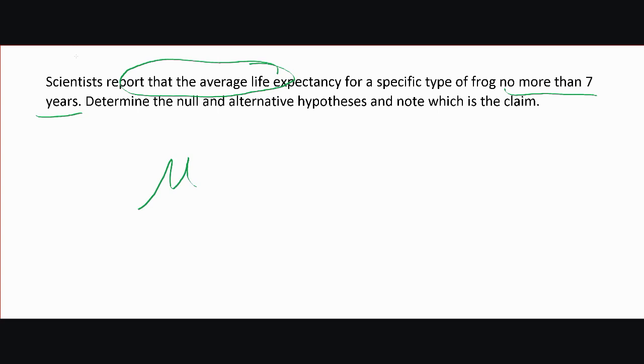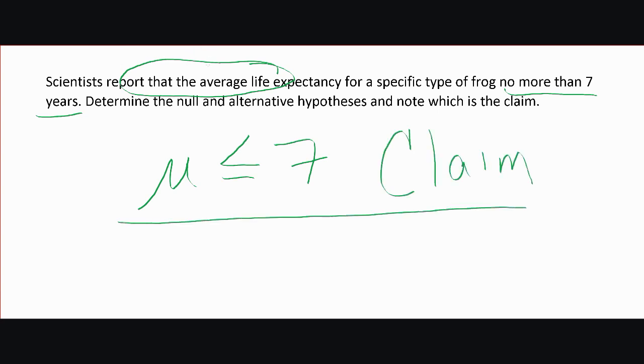But it can be 7, 6, 5, 4, 3, 2, all the numbers in between. So that means that the average we are saying is less than or equal to 7. This is our claim. The claim is that the average life expectancy is less than or equal to 7.